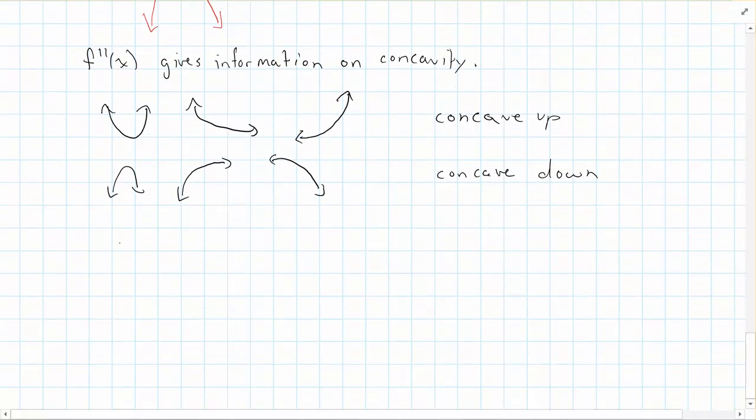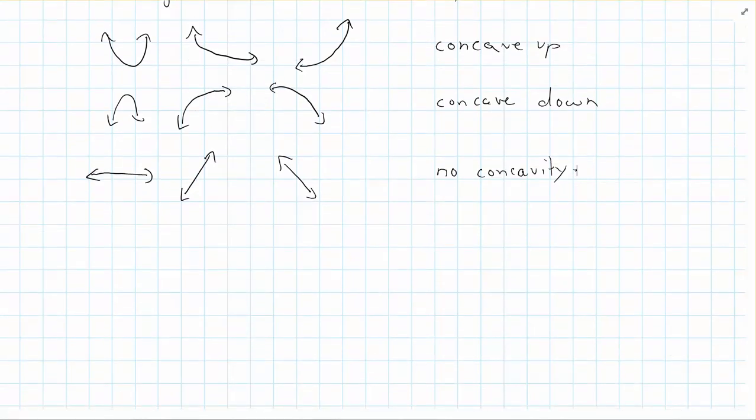And then you can absolutely have no concavity, but these are kind of straight lines. So no concavity for straight lines. And we can kind of maybe already guess what's going to happen here.